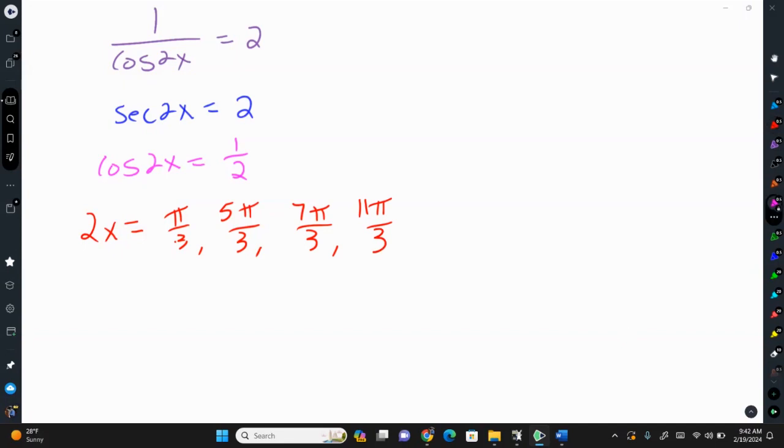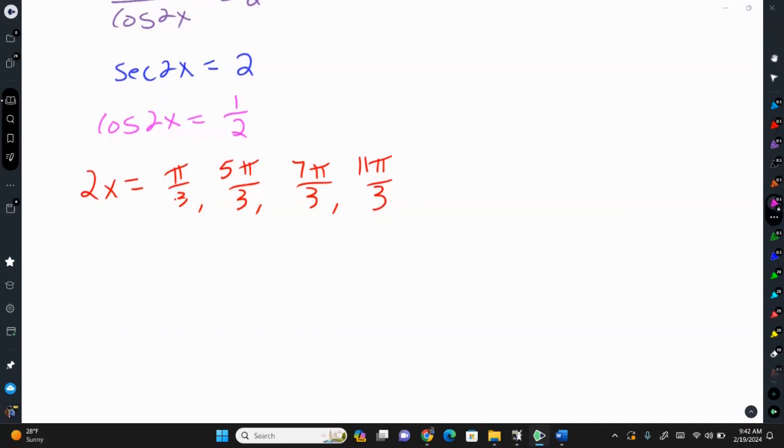And then again, multiplying everything by 1/2, x is going to be pi over 6, 5 pi over 6, 7 pi over 6, and 11 pi over 6. So those algebra skills that we have been working on are crucial to be able to do these problems quickly without a lot of space.